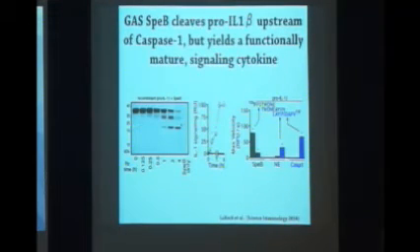And what we discovered is that group A streptococcal protease cleaves pro-IL-1 beta 11 residues upstream of the normal caspase cleavage site, producing a functional signaling molecule.